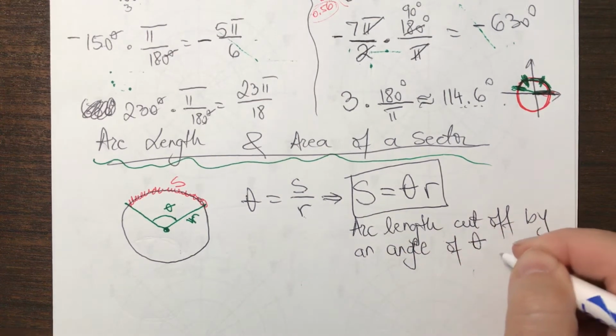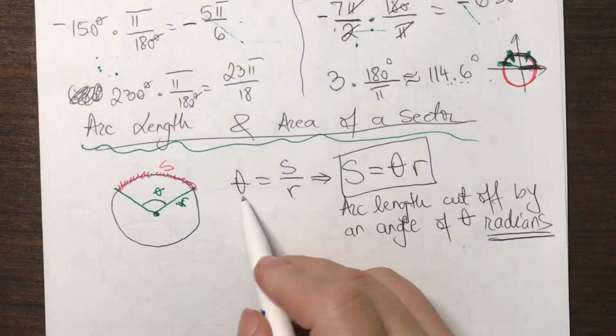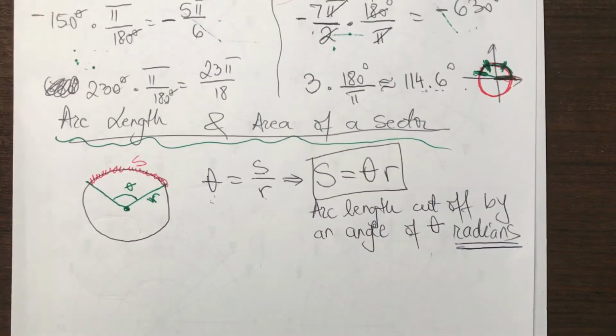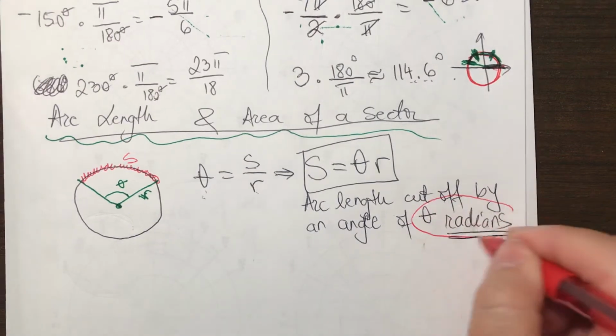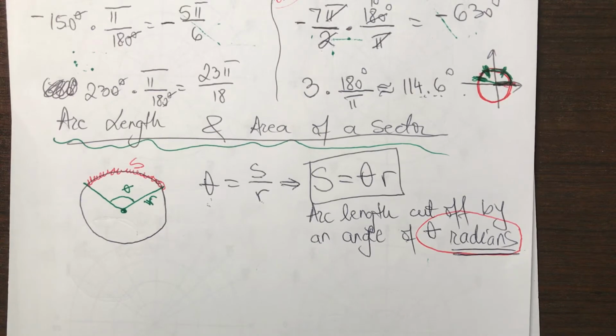But it's very important that theta be in radians, because remember that was the radian measure of theta: just take the arc length and divide it by R. So theta must be an angle in radians for you to be able to use this formula. Okay, so there's the formula to find the arc length.